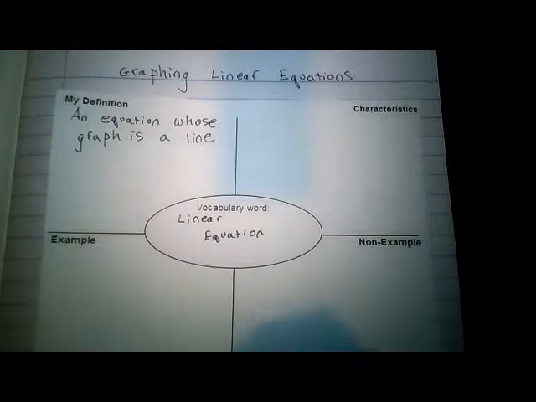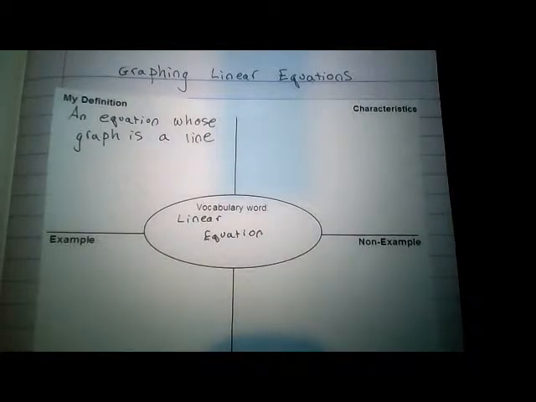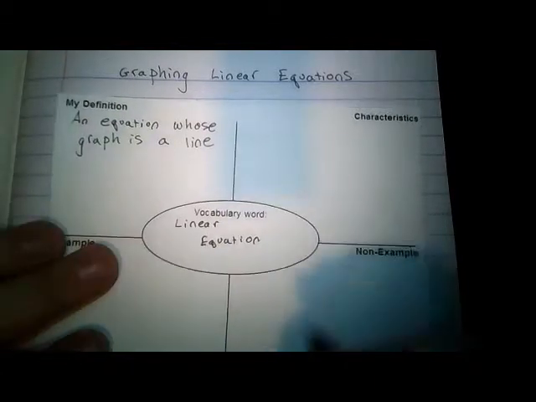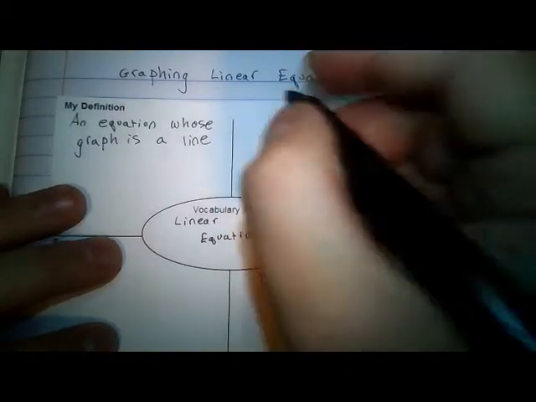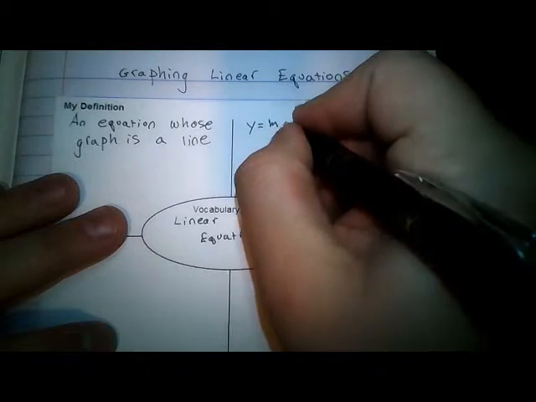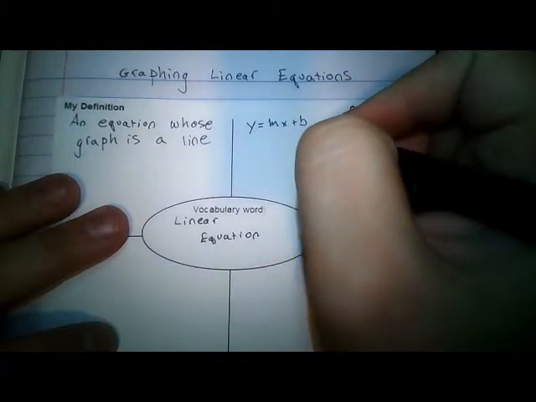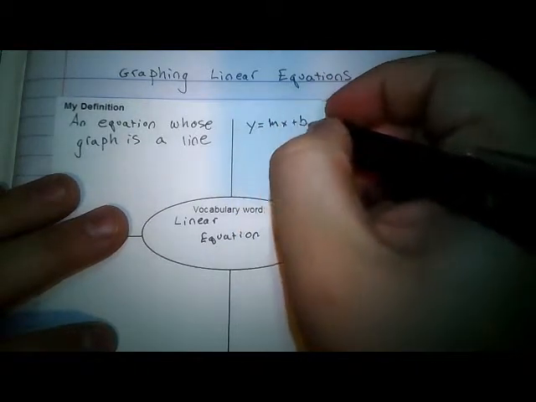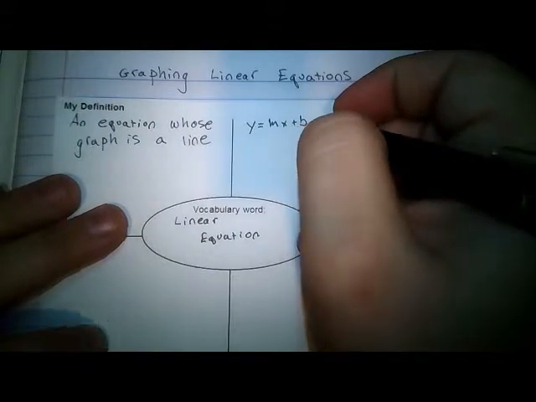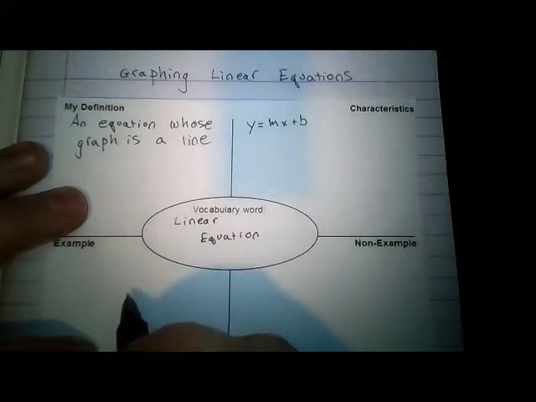So there'll be more features about these kinds of equations coming up, but this is just a basic definition. Characteristics: they can come in different forms. One popular one is y = mx + b, where m is some number and b is some number. And you'll see that more in the examples.